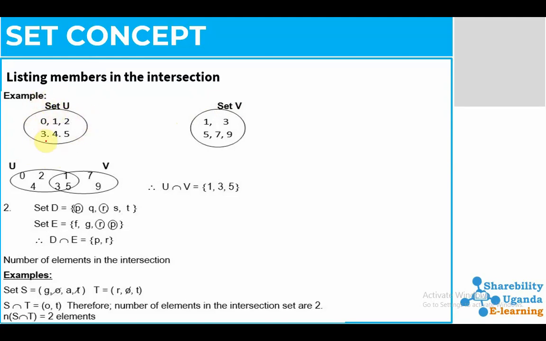In set V they have also listed the members. But to understand intersection, listing those members which are in the intersection, we have to be very keen and look out which members are in set U, and which members are in set V, that they have in common or which are the same.